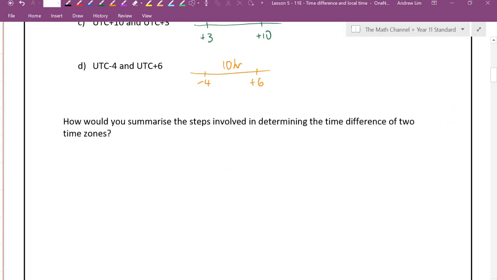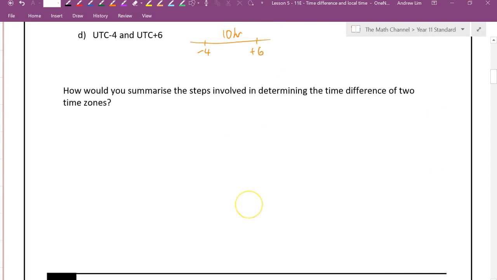How would you summarize the steps involved in determining the time difference of two time zones? I'll get you to pause the video. Why don't you just write down what you should do? First step is draw a number line. Label it with the numbers in the correct places.